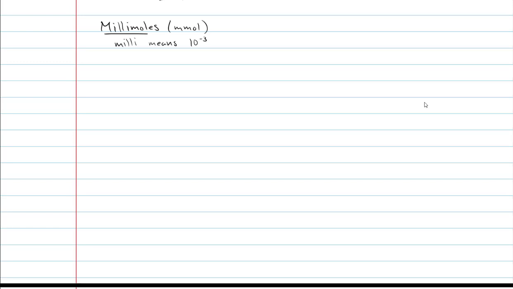So if a mole is 6.022 times 10 to the 23rd of something, then a millimole is simply 1,000th of that.